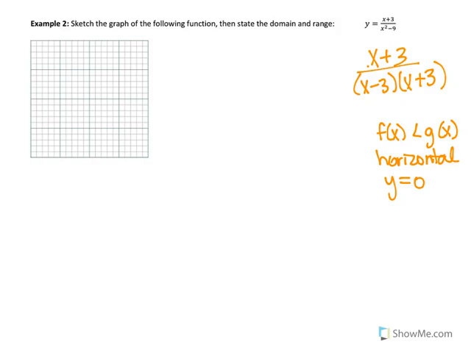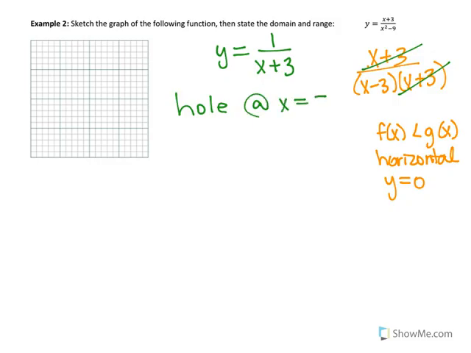We also have a hole because we can get rid of that and that. So our simplified equation is y equals 1 over x minus 3. We have a hole at -3. So we're going to find the y by plugging it in.